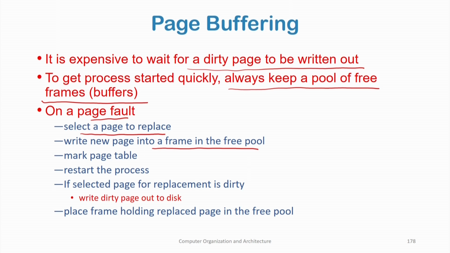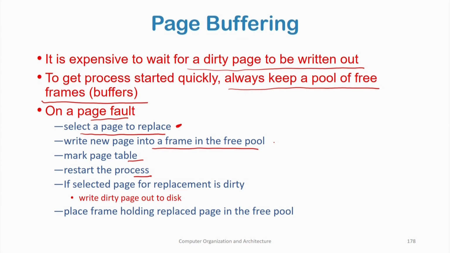So, there I can just close my eyes and bring a page into this free pool without looking into anything else. But how do I maintain this free pool? I will first choose a page for replacement, mark the page table, and restart the process after replacement. I have brought a page from the disk and put it into this free frame, but then I take the page which I have used for replacement and put it into the free frame pool.